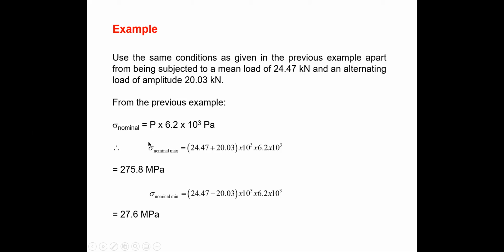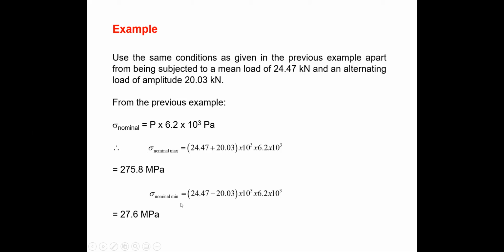So the nominal maximum you can get from the summation, and this is 10 to the power 3, which belongs to kilonewton. This comes with the cross section. You will get the local area nominal stress maximum value.